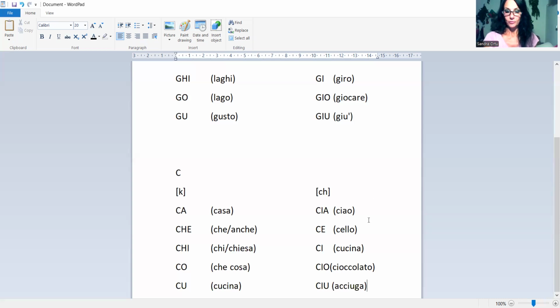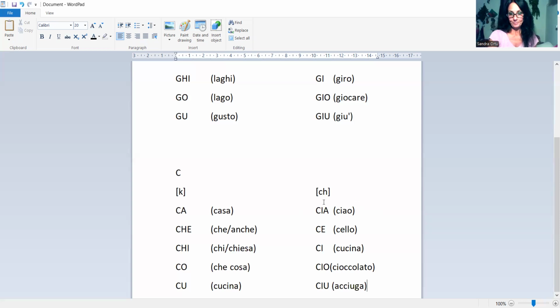An example for each of these sounds: ciao, which everybody knows. And I've seen the word ciao spelled wrongly, I have to say. But there is no excuse for this. Let's learn how to write ciao, C-I-A-O.